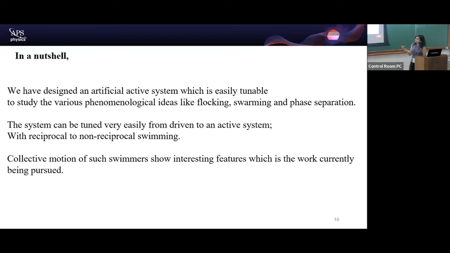And the same system, just with the time modulation of your magnetic field, you can change from a driven system to an active system, where it can be doing a reciprocal motion, or a non-reciprocal swimming. Yeah, thank you so much.